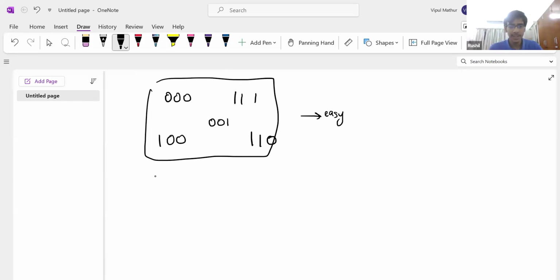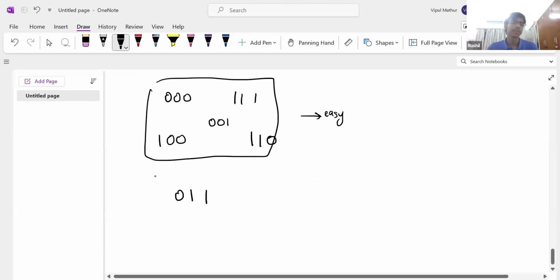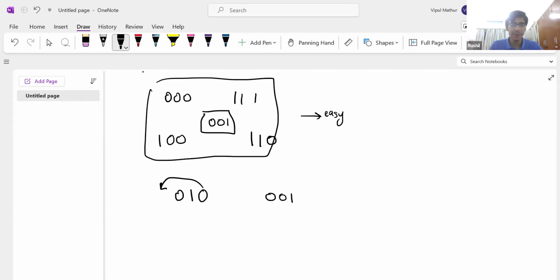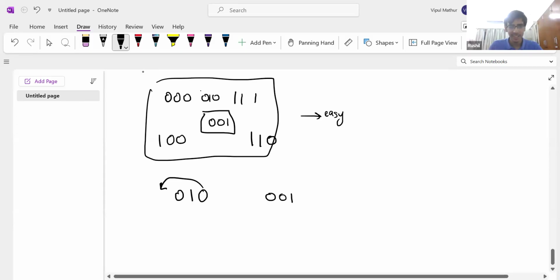So what other cases? What about 0 1 1? Or maybe let's start with 0 1 0. Yeah, this is actually easy because you just make this 0, put the 0 over here, so it becomes 0 0 1. And again, it's something we've seen. So repeatedly, we're just trying to push things into our known configurations.